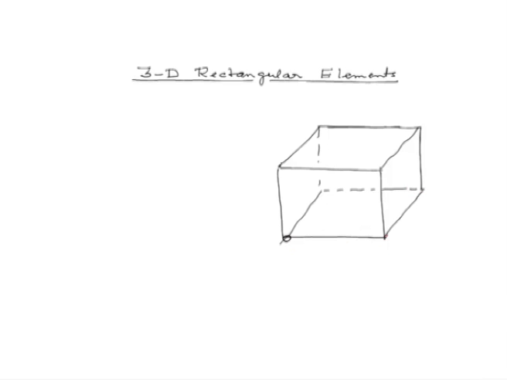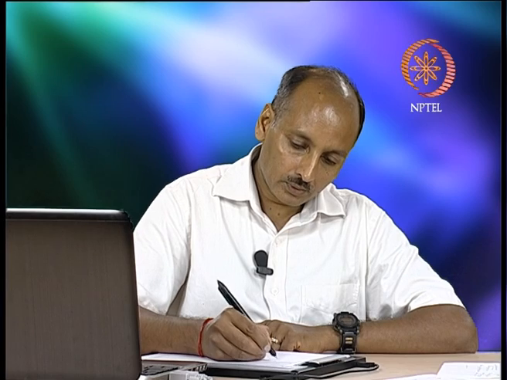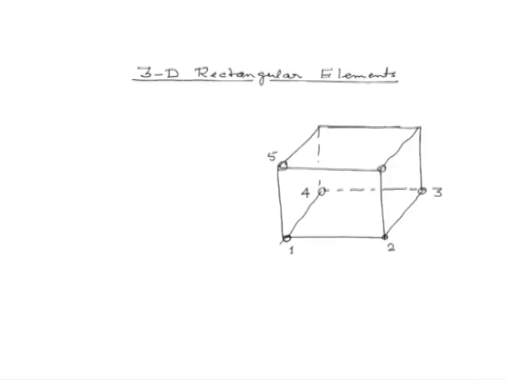As usual, we would number these nodes in a specific order. So, 1, 2, 3 and 4 are the 4 corner nodes in the bottom plane, and 5, 6, 7, 8 are the corner nodes on the top plane. So, we are dealing with this quadratic 20 node element.